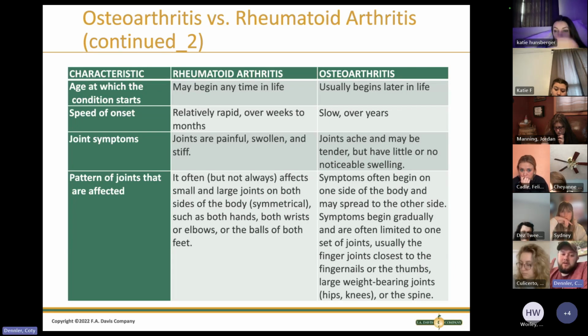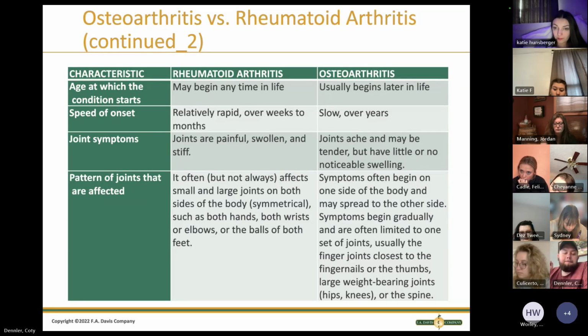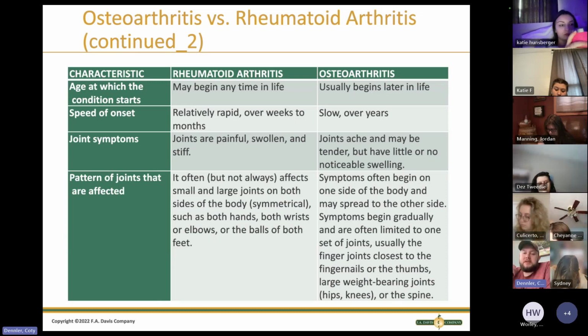The joint problems that you see, or the symptoms, are the joint. For RA, they're very painful. They're swollen. They're stiff. And they may still be stiff in osteoarthritis, but that's just kind of the hallmark of RA, is stiffness. With osteoarthritis, their joints ache, or they may be very tender to touch.